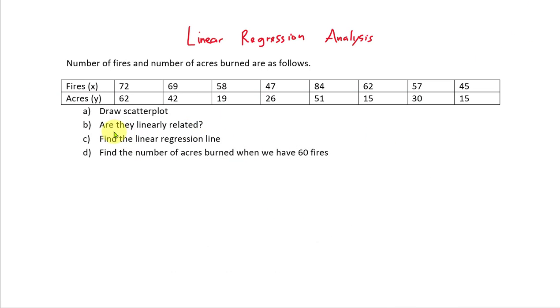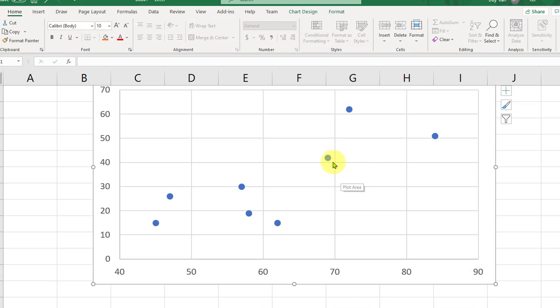The second part asks, are they linearly related? If you are using Excel, we can check the linear correlation coefficient. If we have a value that is close to 1 or -1, then the two variables are linearly related to each other.